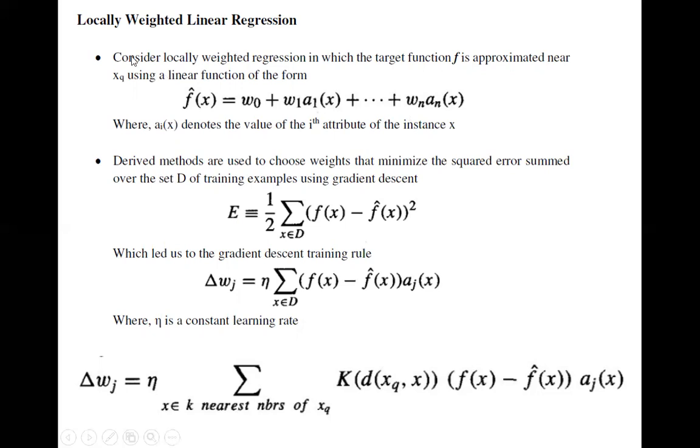So we are generating an approximation for the function using this linear equation. W naught is a constant value which we will decide. W1 is the weight assigned to the first attribute, w2 is the weight assigned to the second attribute. So how are we going to assign the weights? Whenever you talk about weighted regression, the first question is about the weights, which come into the picture in a few other algorithms as well.